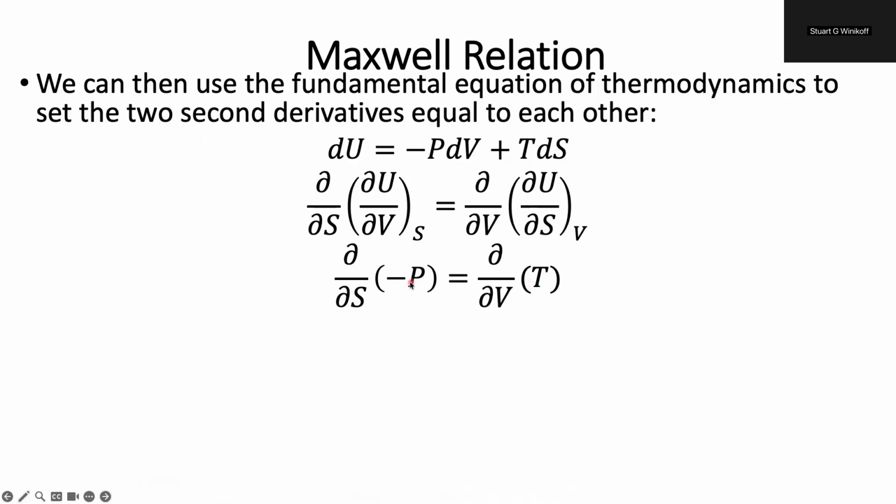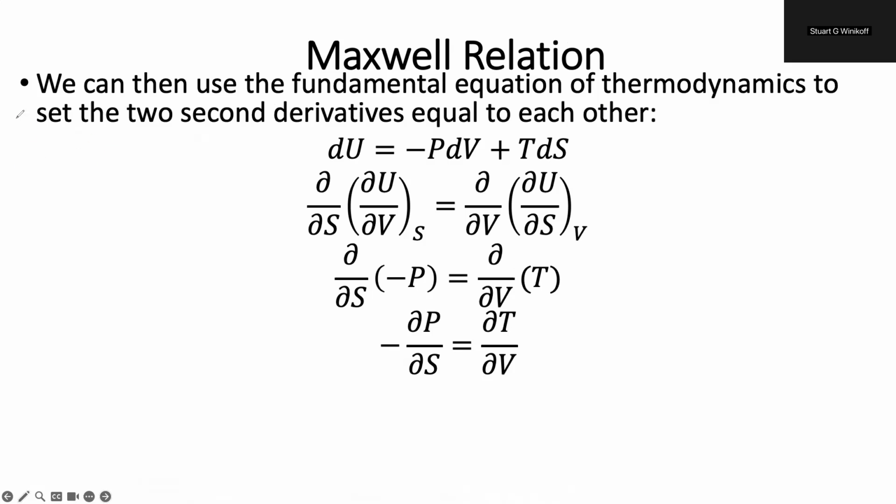So I can literally insert these expressions in there. And then again, because I'm left with a single variable inside the derivative, I know that the derivative of pressure with respect to entropy is just the same as the negative of the derivative of temperature with respect to volume.